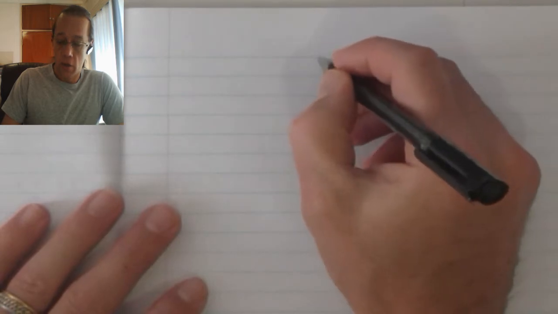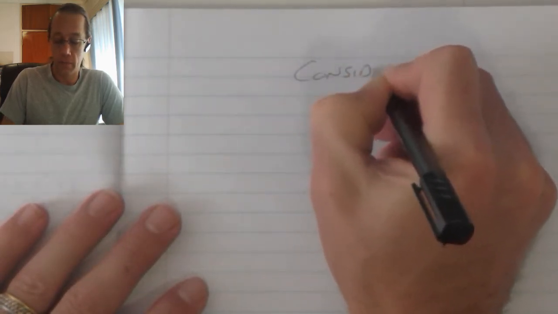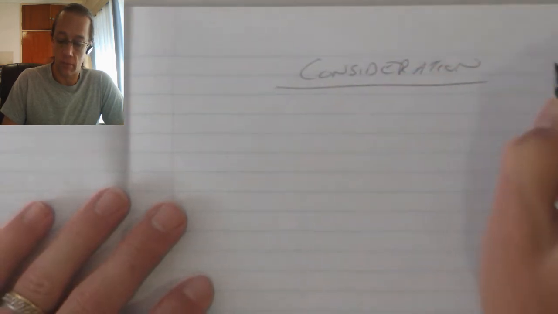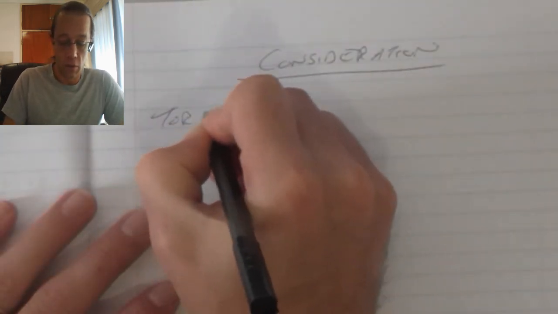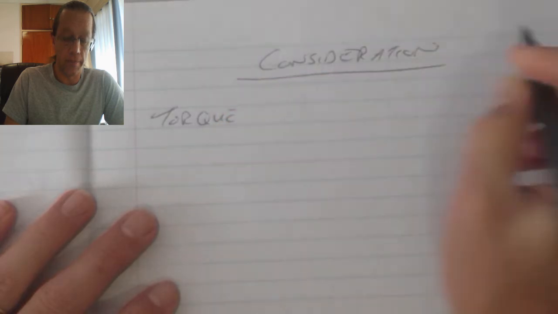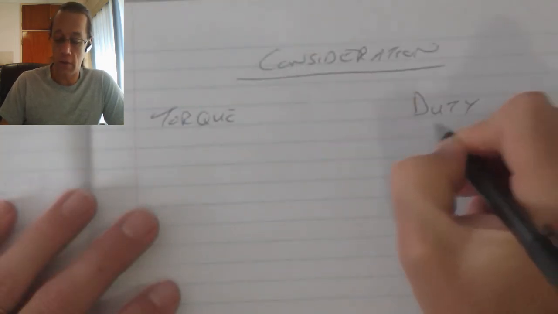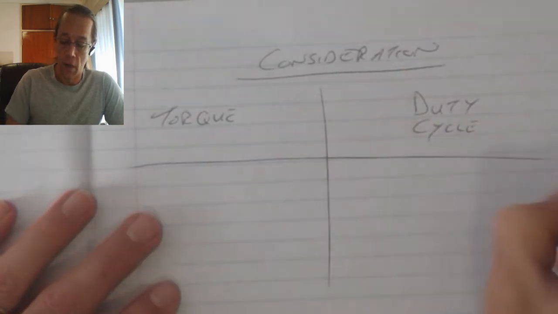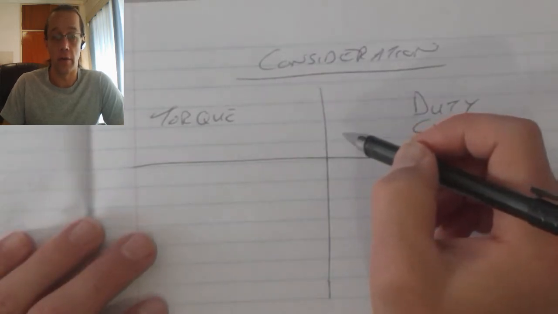Considerations when selecting a motor. When selecting a motor, the considerations are primarily the torque and the duty cycle. Okay, the torque is the strength of rotation of the motor.